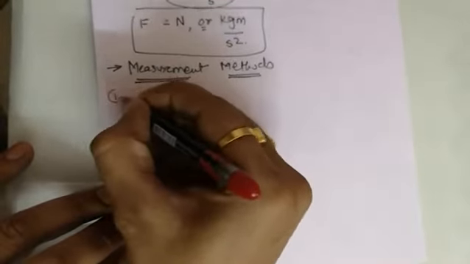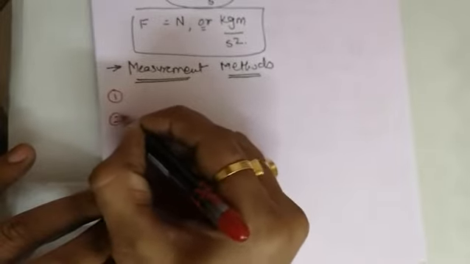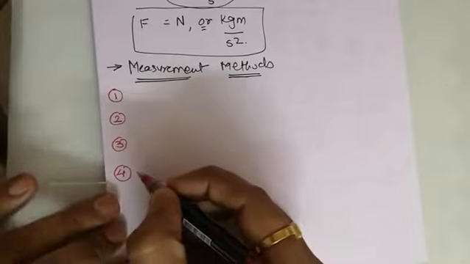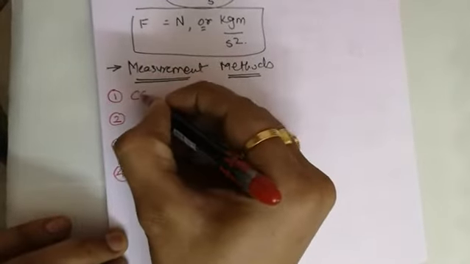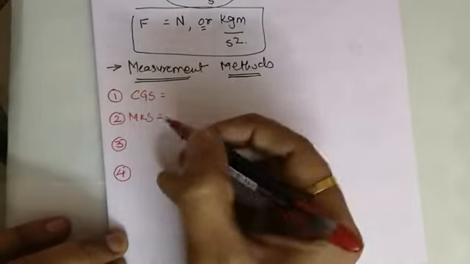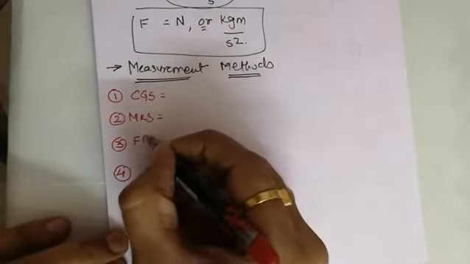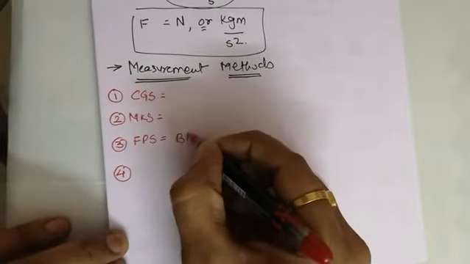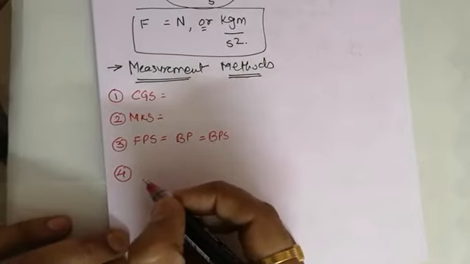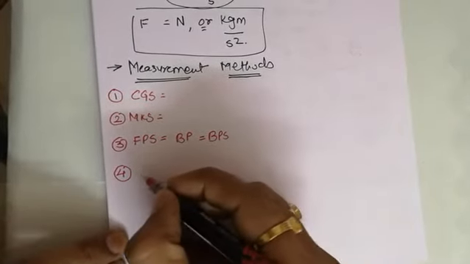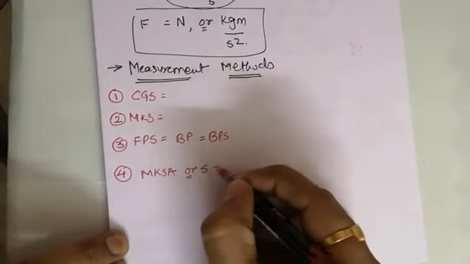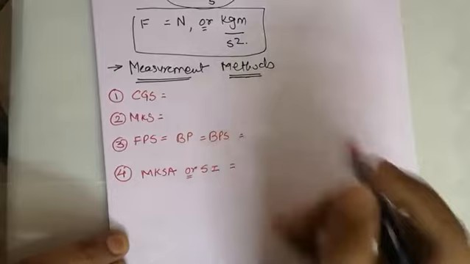There are basically five, but for our understanding we are putting only four, because in the fourth one the fifth is already included. The very first is the CGS method. Next is the MKS method. Next is the FPS method, also called the British pound method or BPS method. There are different names associated with it. The fourth is MKSA, famously called SI units.